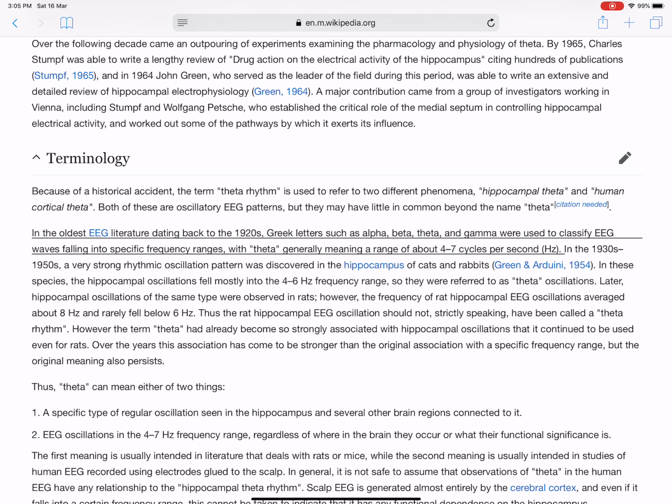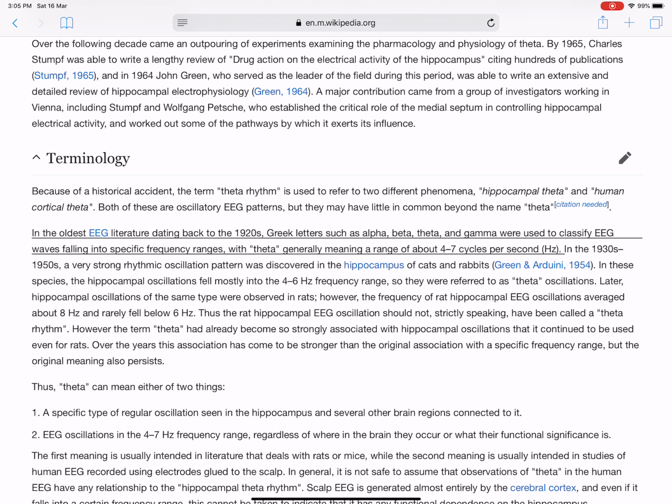However, the term theta had already become so strongly associated with hippocampal oscillations that it continued to be used even for rats. Over the years this association has come to be stronger than the original association with a specific frequency range, but the original meaning also persists.